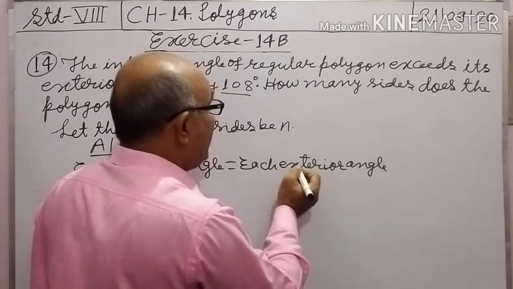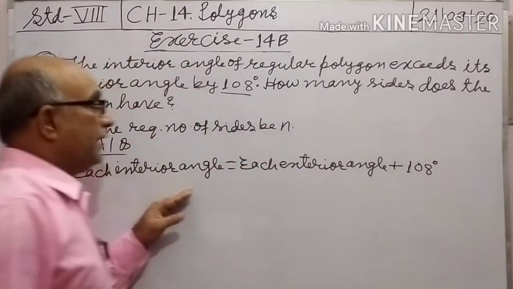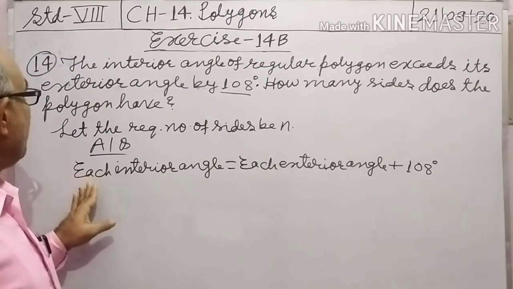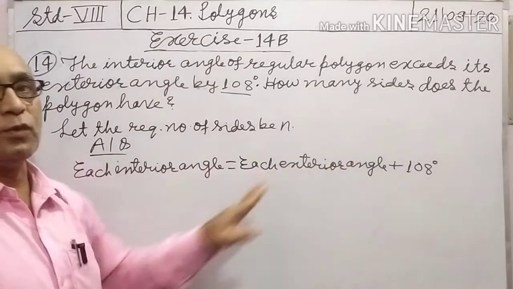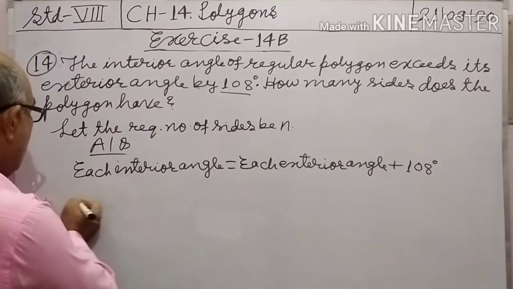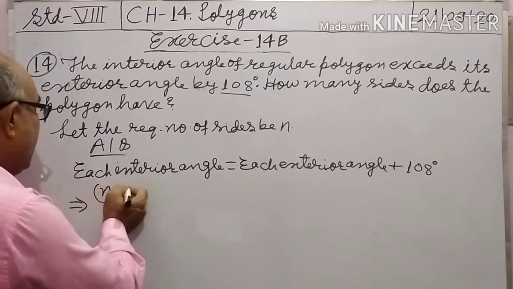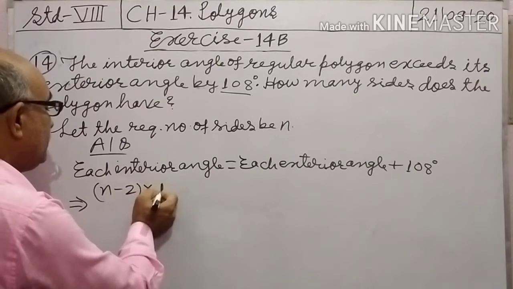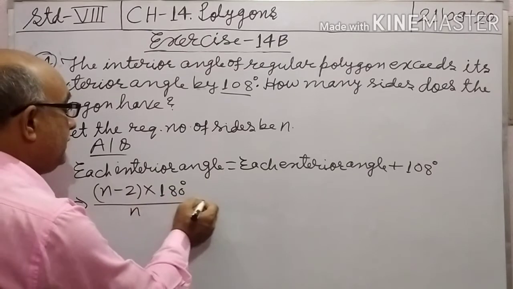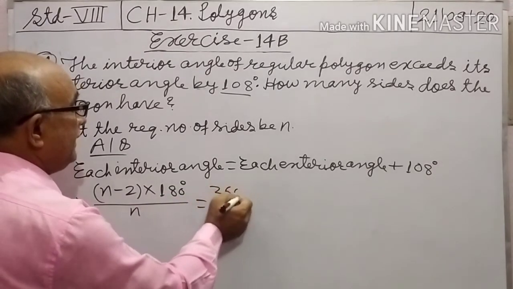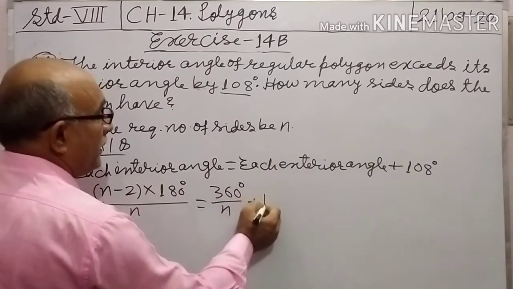So each interior angle equal to each exterior angle plus 108 degree, then both are equal. Now write formula. Each interior angle equal to (n minus 2) into 180 degree by n equal to each exterior angle, 360 degree by n, plus 108 degree.